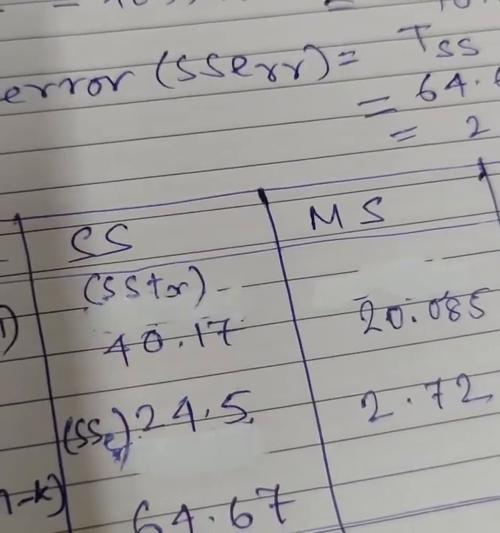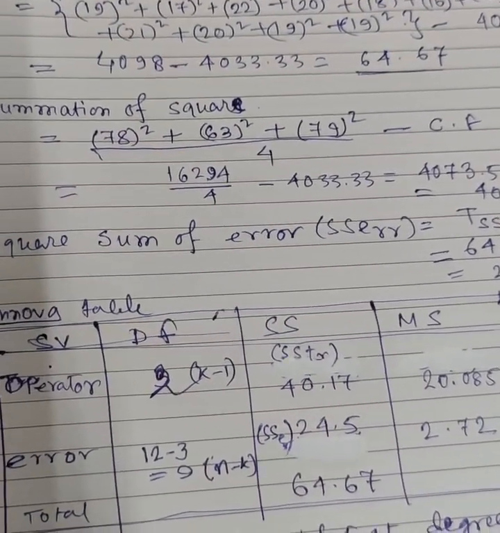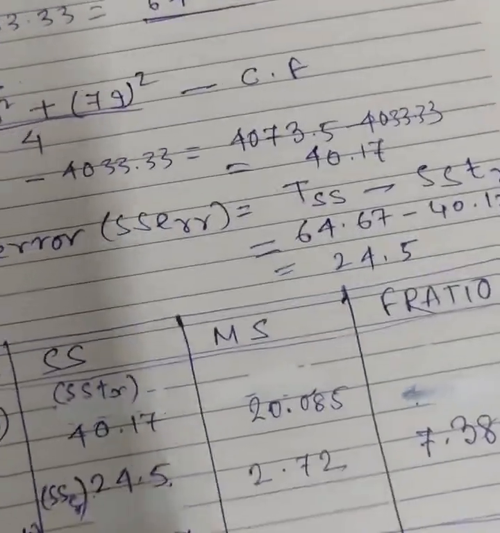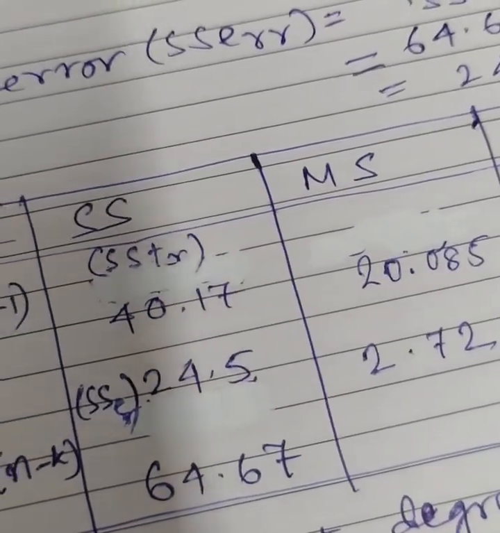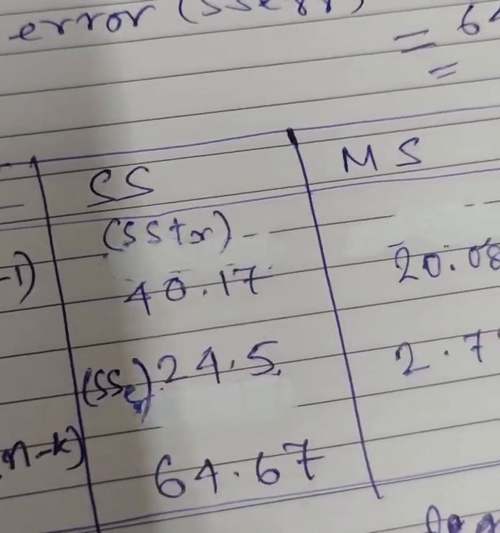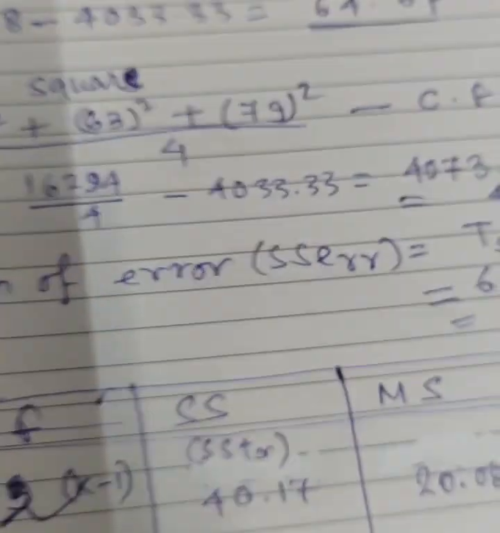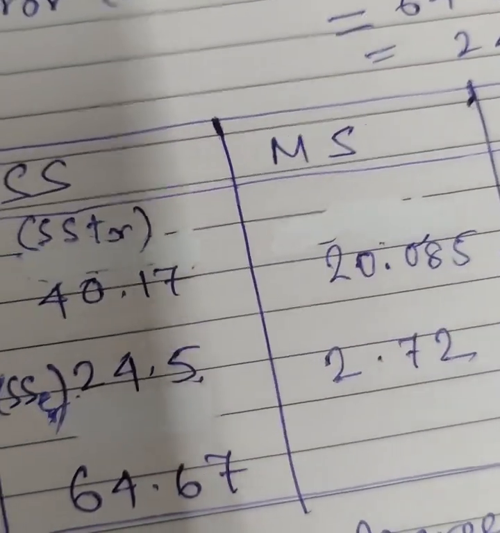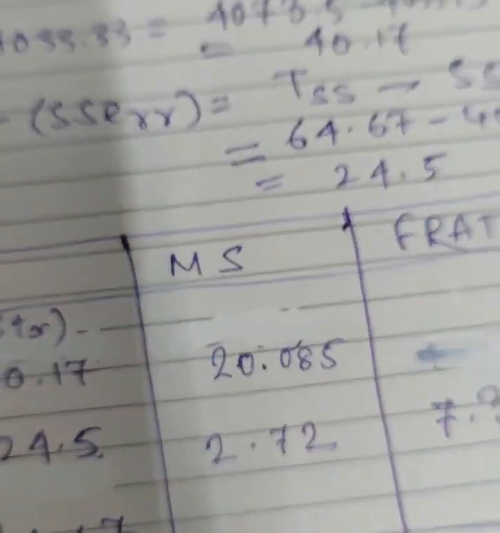Now SS: the treatment sum of squares I found here is 14.17, then the error SS is 24.5, and adding both should give 64.67. In MS, we do SS by DF, for treatment and for error, that is 2.72.